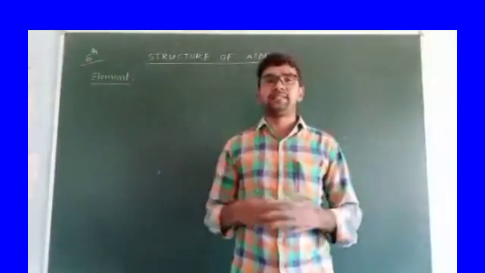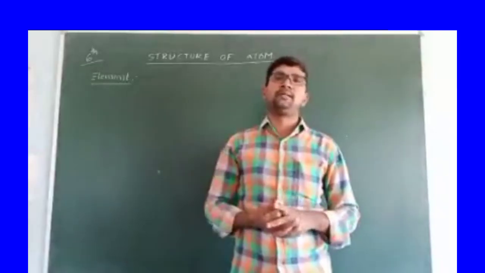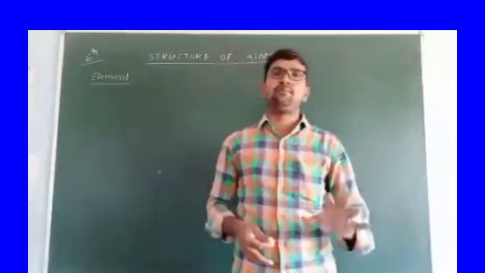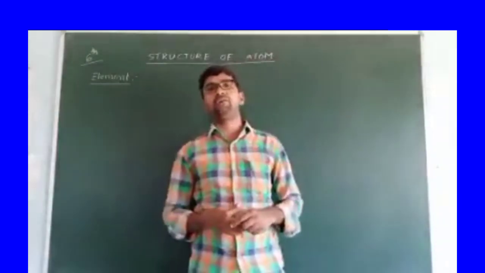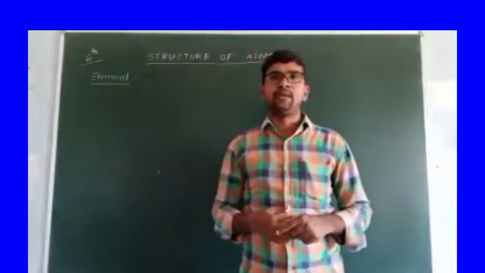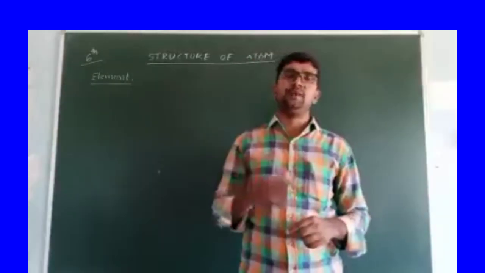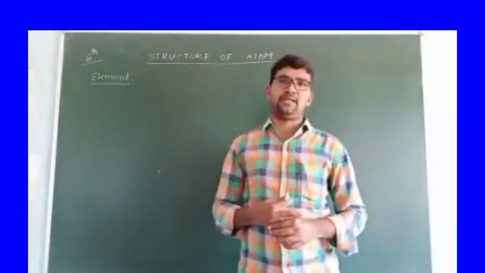These are all elements, starting from hydrogen, helium, lithium, beryllium, boron. These are all considered as elements, meaning a single type of atoms is present in them, and that is simply represented symbolically as an element. So it is composed of only one type of atoms.